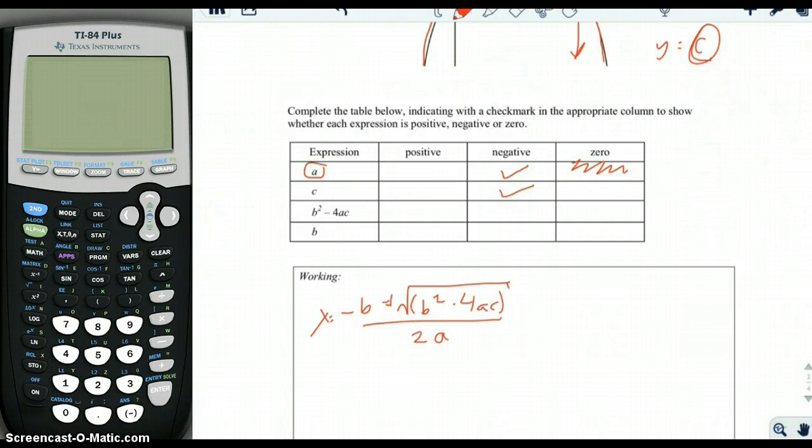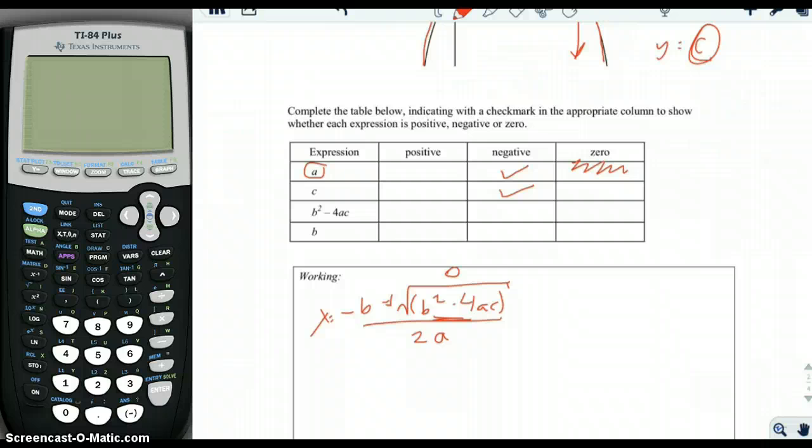Otherwise, this is going to be an imaginary number instead of a real number. So the quadratic equation gives you the x-intercepts. And if the discriminant is 0, then you're going to end up with this part being 0. You are going to have repeated real roots. You're going to have the same 0 or x-intercept twice, which means you're only going to have one x-intercept.